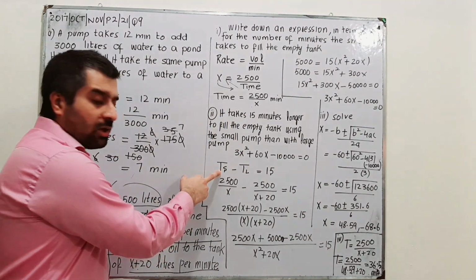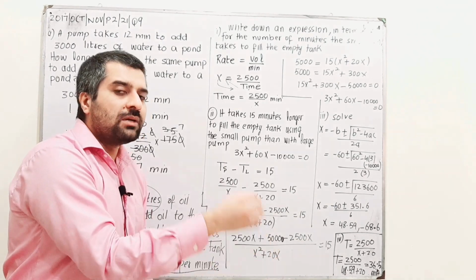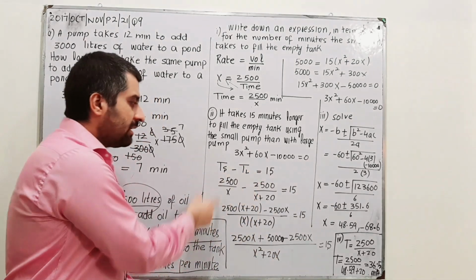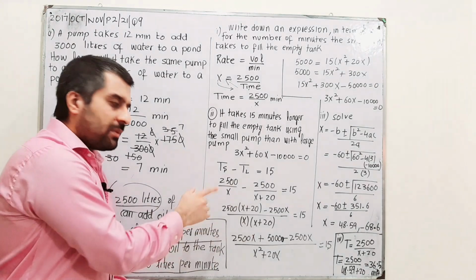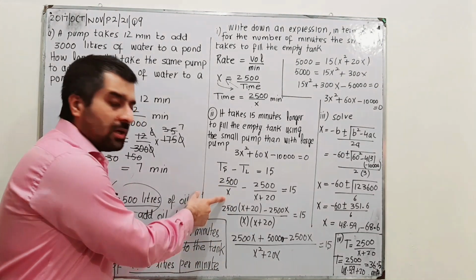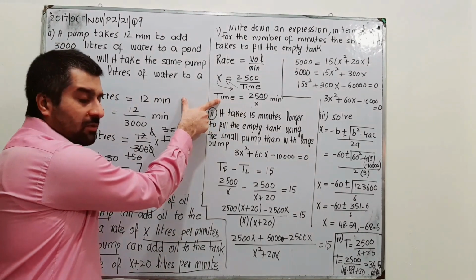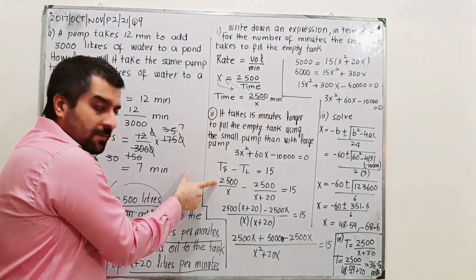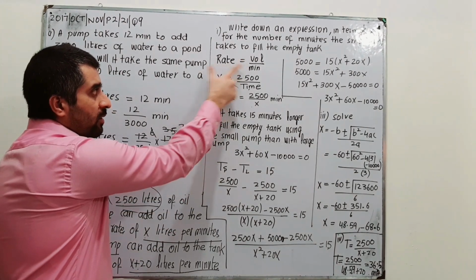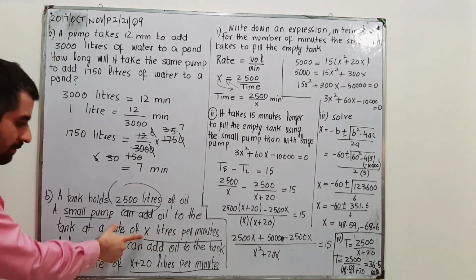So T small, the time for the small pump, minus the time taken by the large pump, the difference is 15 minutes, and the time for the small pump is 2500 over x. So that is volume divided by rate. From here, the time for the small pump is volume over rate. The rate for the small pump is x.